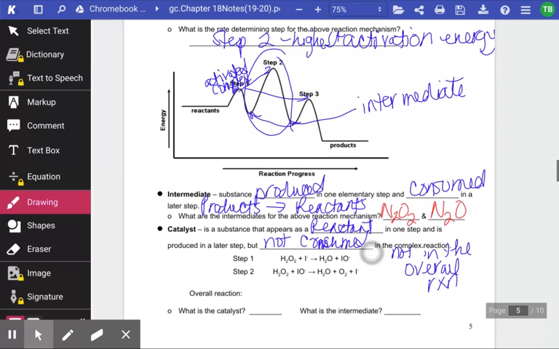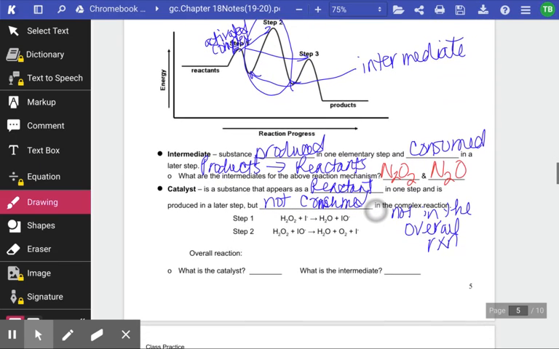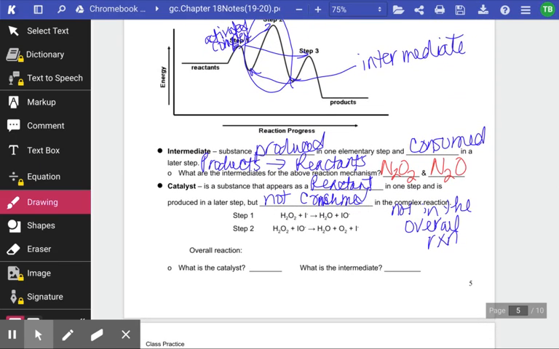So here we see a reaction that includes intermediates and catalysts. So we're going to look at those right now. Remember, when we're figuring out our overall reaction, we cancel substances that we see on both sides of the reaction. Here we see iodate, IO minus, as a product and then as a reactant.